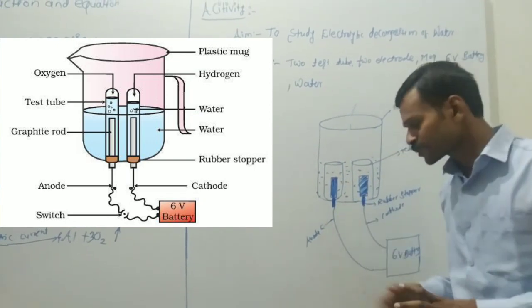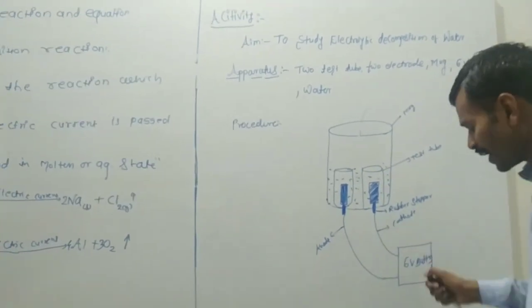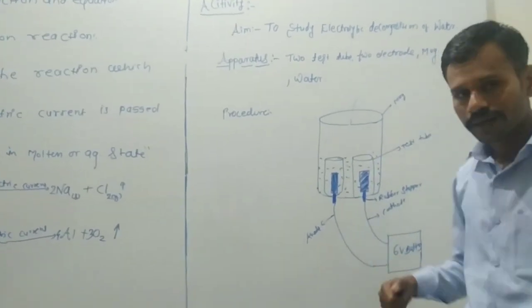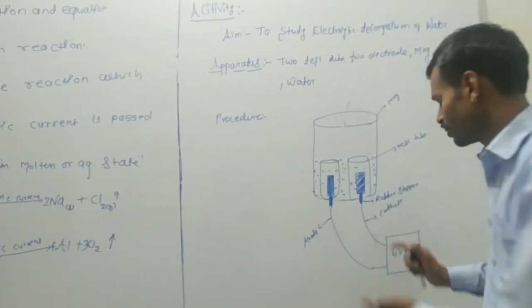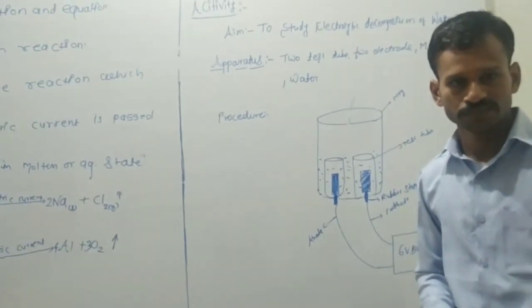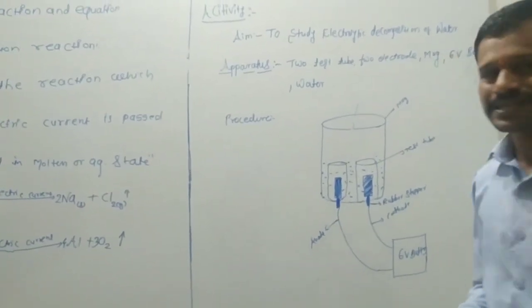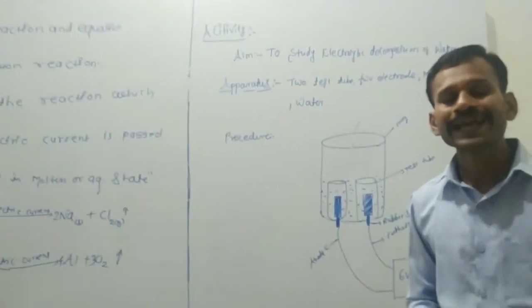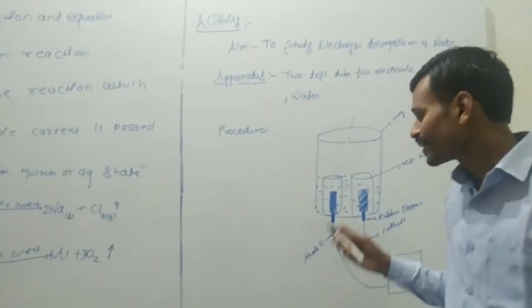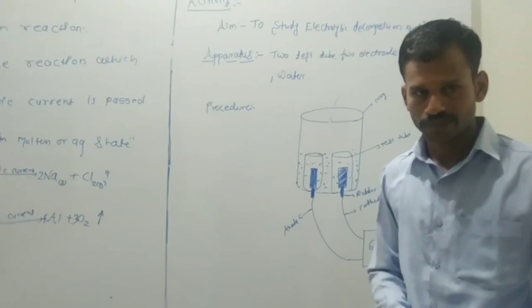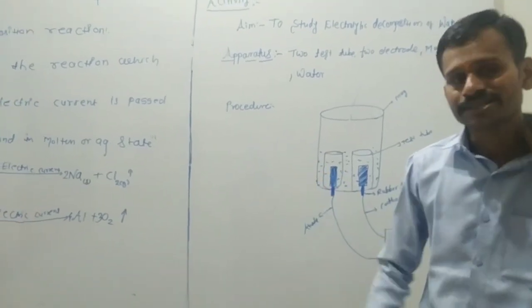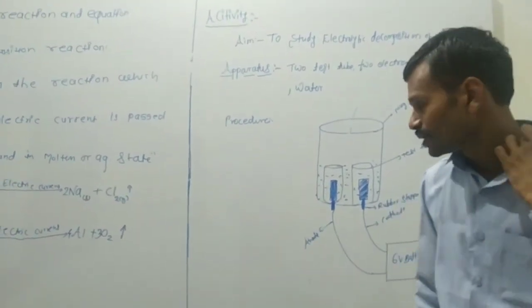Now after this procedure, start the electric current. Provide the electric current in this activity by using this 6-volt battery. When electric current is passed, then gas is released. What is released? Actually gas is released. Okay.